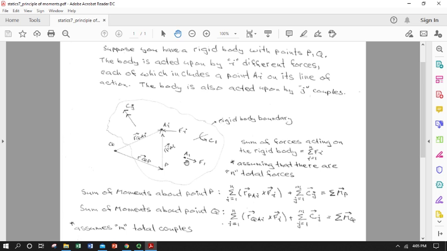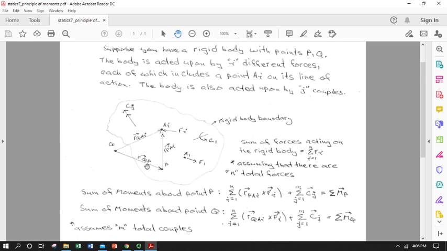So F1 with a point on its line of action A1, maybe we've got an F2 with an A2, F3 with an A3, and so our general note for that is F sub I with an A sub I on its line of action. Okay, so here's our point of interest 1, P, and our point of interest 2, Q.